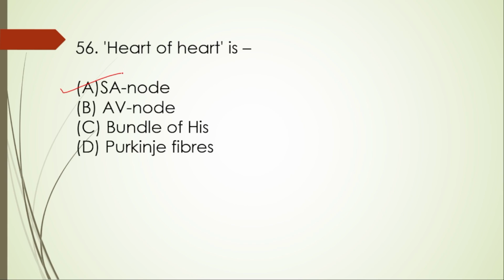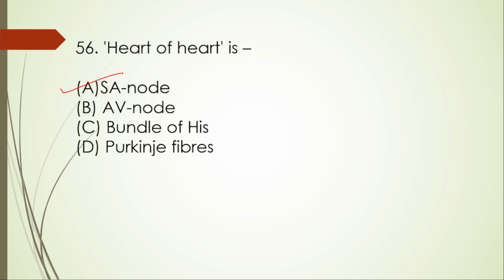Because the sinoatrial node, that is SA node, is the heart of heart because of the origin of impulse. That means it is the site where the electrical impulses that trigger each heartbeat originate.